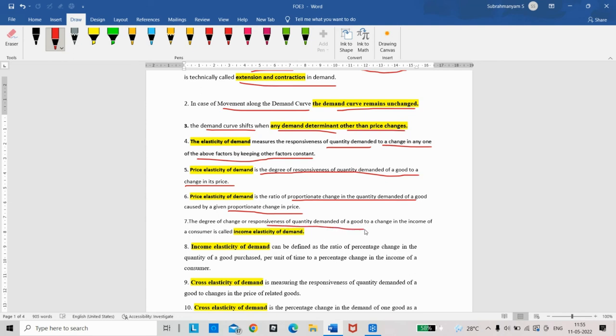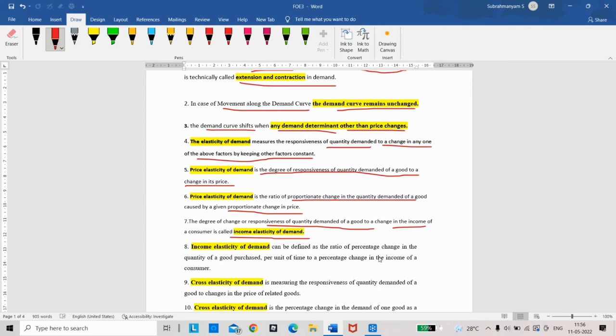Responsiveness of quantity demanded to change in the income level is income elasticity of demand. Responsiveness or sensitiveness of quantity demanded to change in the income level is called income elasticity of demand.